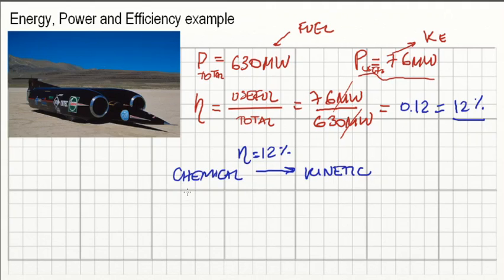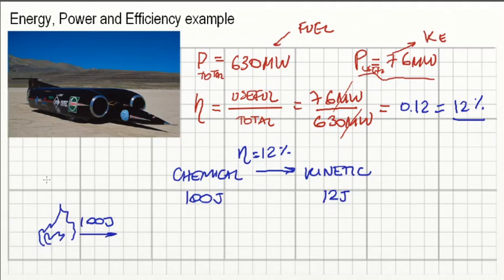What does that mean? Well, for every 100 joules, let's say, of chemical energy that I provide to my system, I only have 12 joules of kinetic energy. So let's say, for example, that I burn 100 joules of fuel here. Obviously we measure fuel in mass or volume, but let's say that I burn a certain amount of fuel which produces 100 joules.